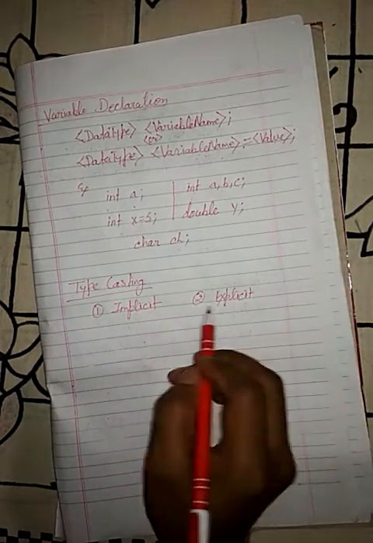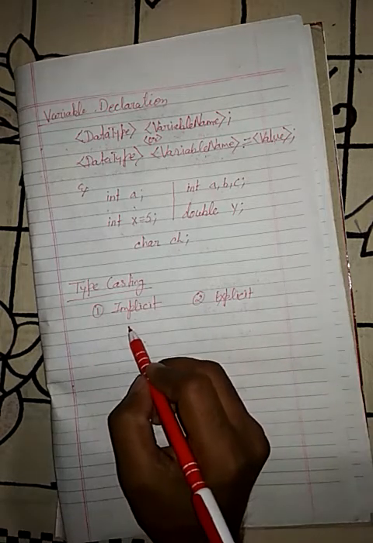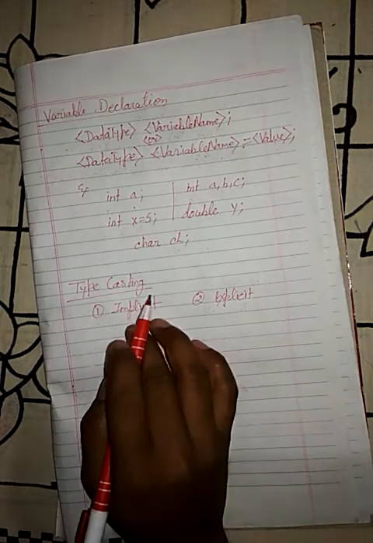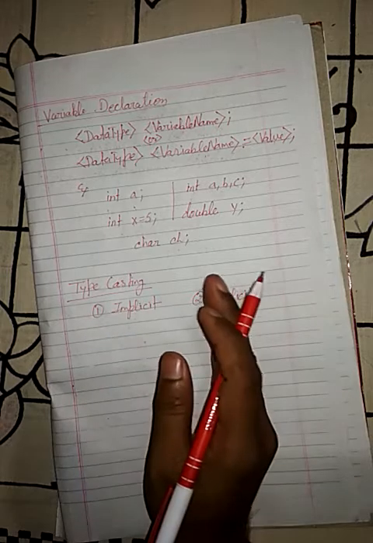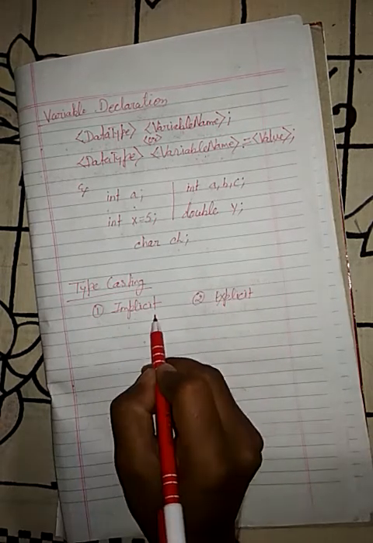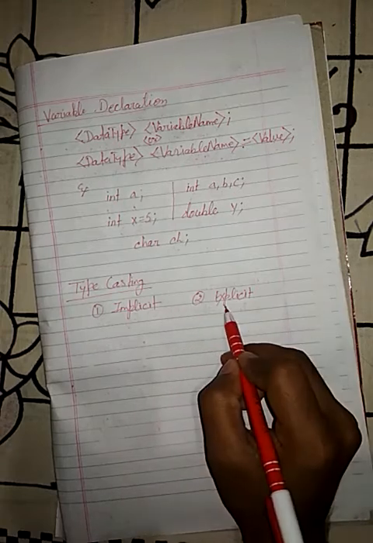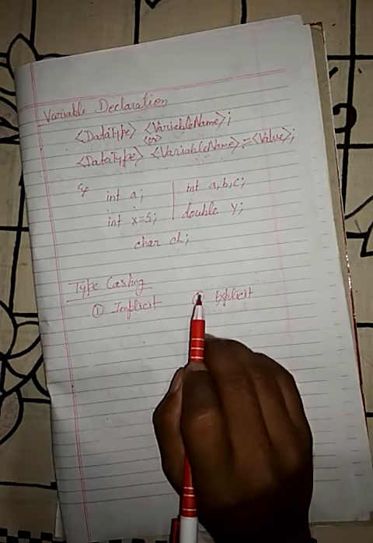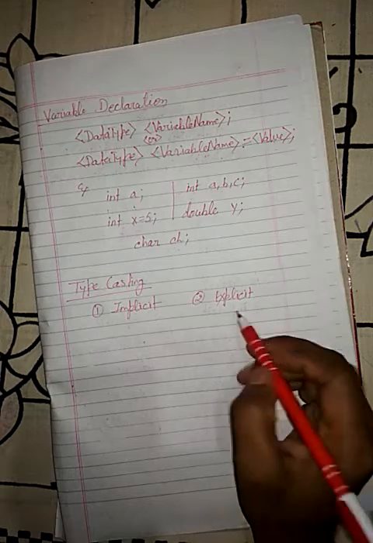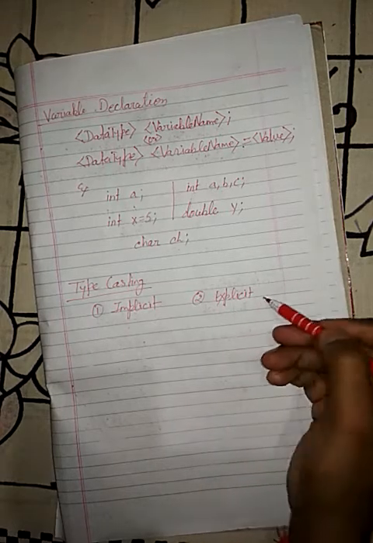What are implicit and explicit? Implicit typecasting means a type is automatically converted into another type, and if a type is forcefully converted into another type, that is called explicit typecasting.